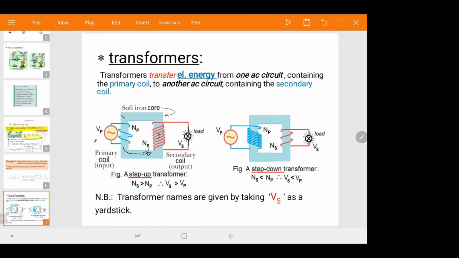Now, if the bulb glows, we ask one question. How much voltage makes the current flow through the bulb? This voltage is called the secondary voltage. The voltage that we have on the left side, which is connected to the generator, is called the primary voltage. We want to know the primary voltage, no problem, it comes from the generator. But what about the voltage induced in the secondary coil? How much is it?